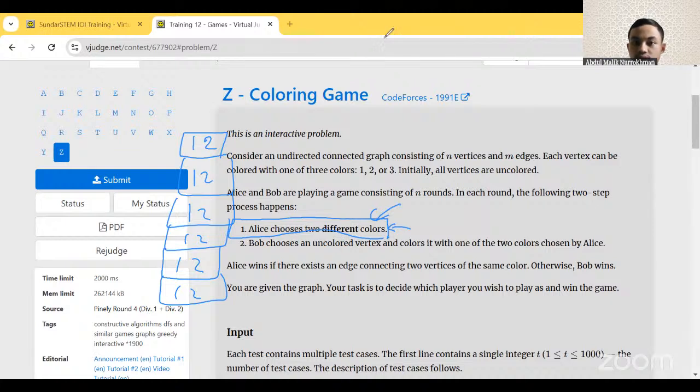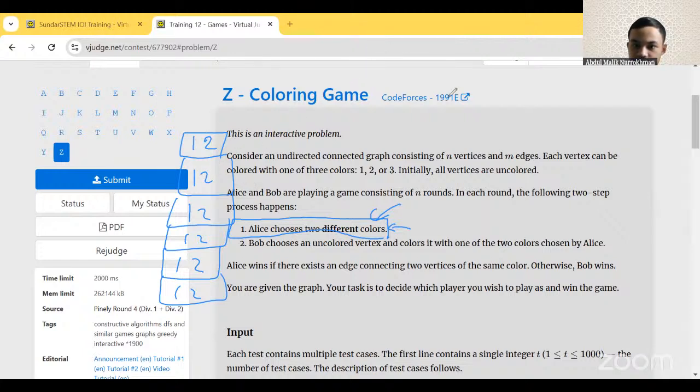Because with fewer colors, it is harder to avoid the same color for a pair of adjacent nodes, isn't it? So the best strategy for Alice is choosing 1 and 2 in every turn.